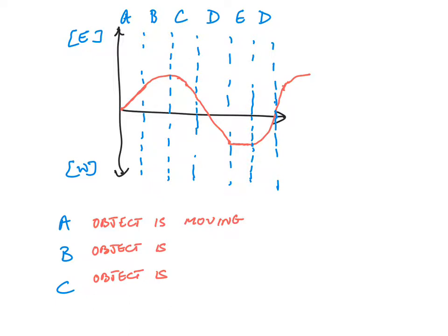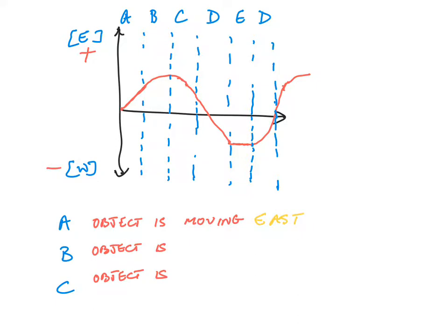Okay, so let's look at a more complicated PT graph. On this PT graph, we're showing that the positive is east and the negative is west, in the opposite direction. I'm just going to go through 3 sections of the graph, A, B, and C, where there are different types of motion happening. If we look at part A, we can see that it's very straightforward. It appears in interval A that the object is moving east.